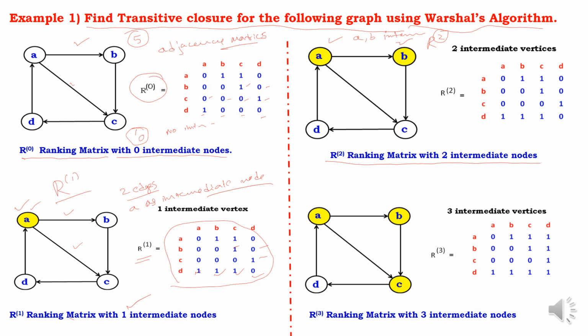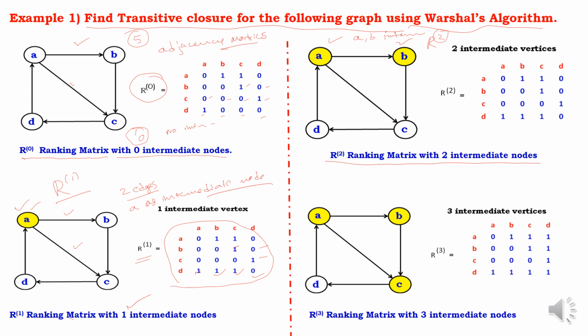See here, for example, A to A is 0. A to B, yes, there is an edge. A to C, there is an edge. A to D, there is no direct edge, right? A to D, you can have B as an intermediate node, then C, but then no intermediate node, right? So A to D is 0. Then B to A, no. B to C, there is an edge. B to D direct, there is no intermediate node, so B to D is 0.